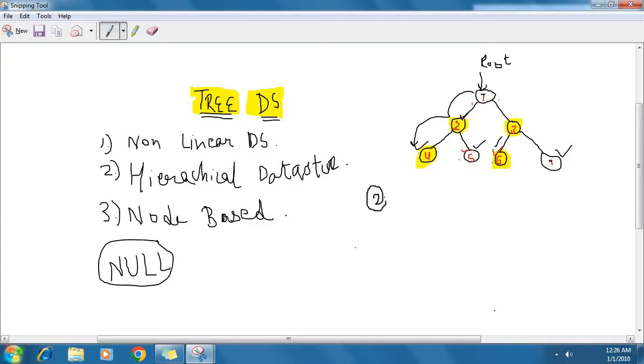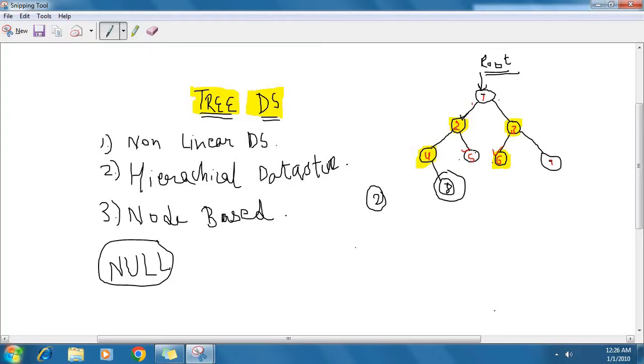Clear? Let us say the tree is changed to this particular thing. If I change this tree like this, here is an 8. Now what will be the height of the tree? No, you cannot say that the height of the tree is still 2, because the height of a tree is the longest path from the root node to the deepest leaf node, and now the deepest leaf node is this particular one.